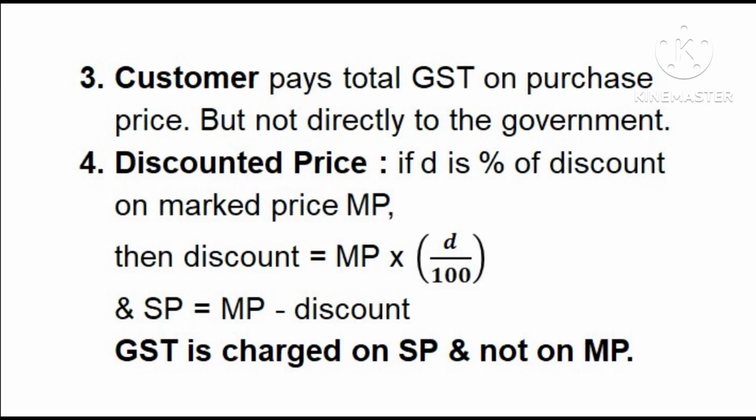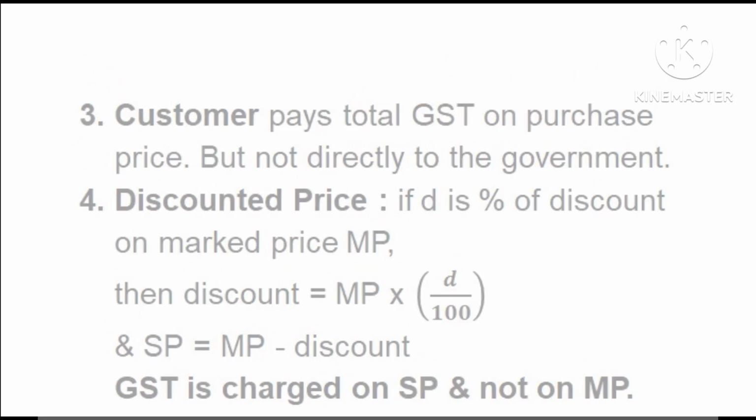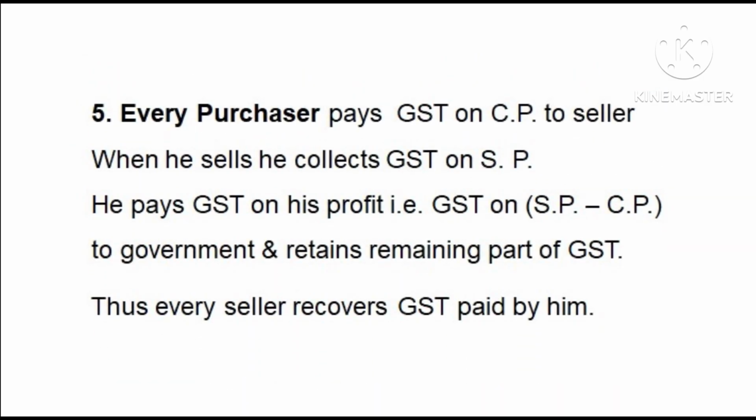For a discounted price, if D is percent of discount on marked price MP, then discount equals MP multiplied by D divided by 100, and SP equals MP minus discount. GST is charged on SP and not on MP. 5. Every purchaser pays GST on CP to seller.